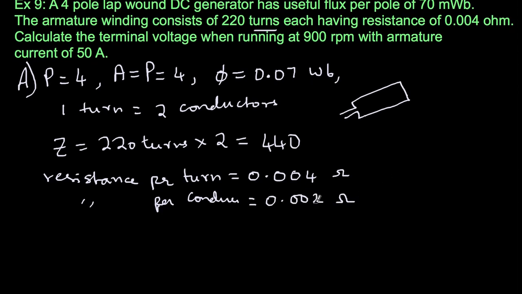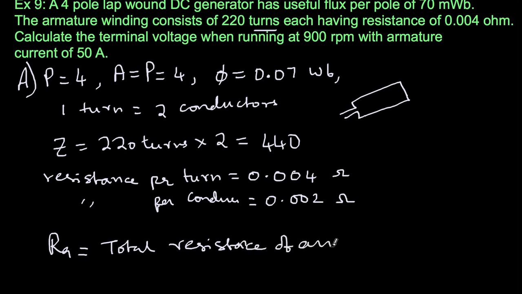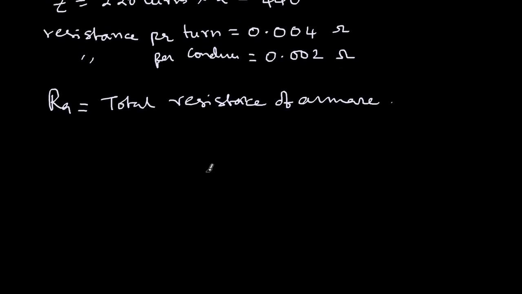But what exactly is the armature resistance, RA? Armature resistance is nothing but total resistance of the armature, of course, as the name suggests. But how is the armature constructed? Armature is constructed like this. There will be how many parallel paths?